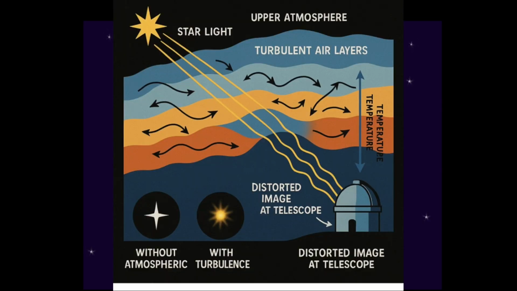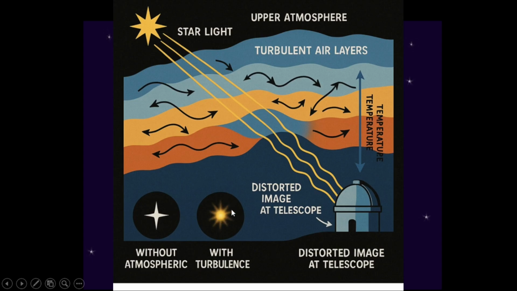You look at the star from your observatory or from your backyard and you see the stars are twinkling. Everybody has experienced that. The reason why they twinkle is because of the turbulence in the layers of the air or atmosphere. That is why instead of seeing a star like this, we see a star like this.